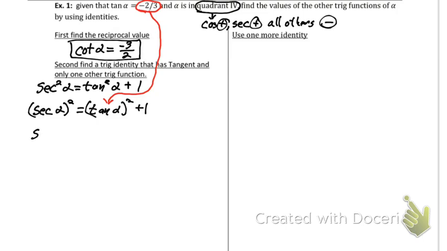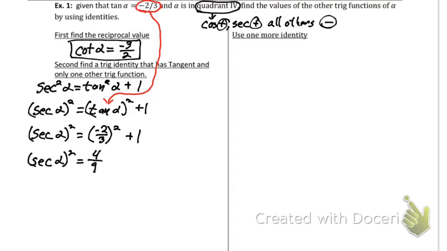And so we're going to have secant alpha squared equals that negative 2 over 3 squared plus 1. Well, this is just solving. We'll have secant alpha squared equals, well, negative 2 squared is 4 over 9 plus 9 over 9.